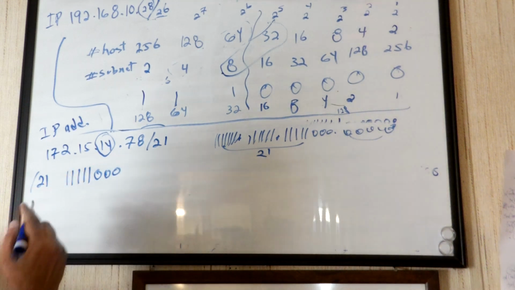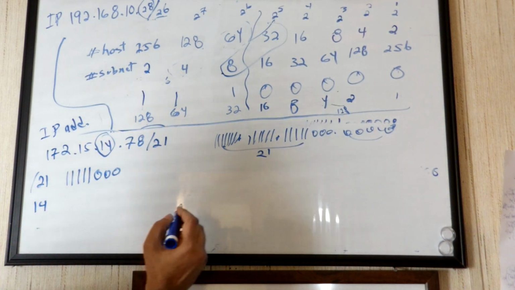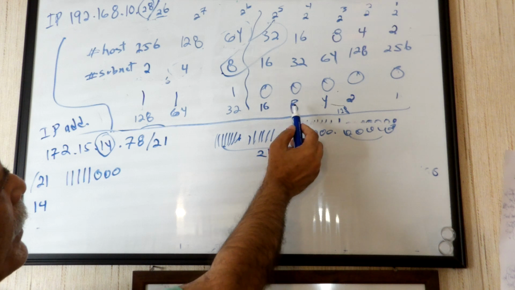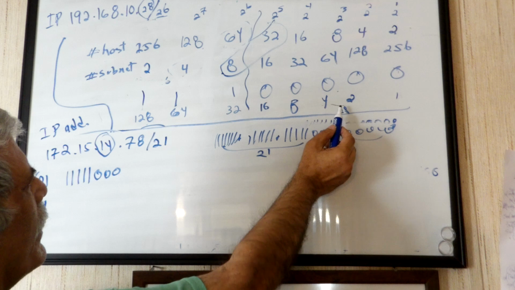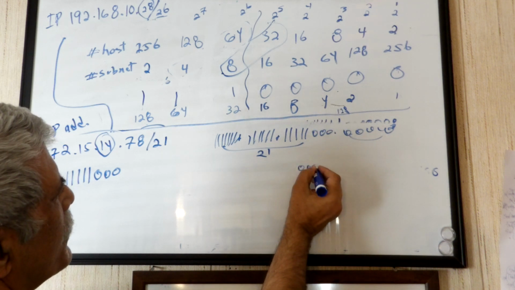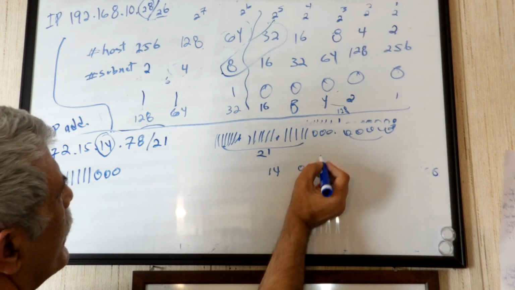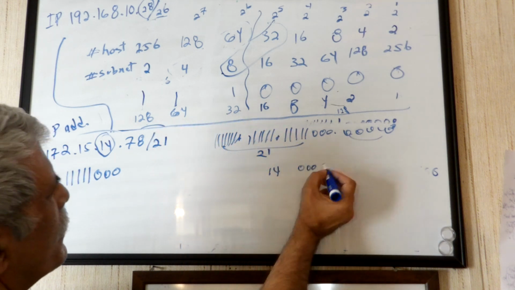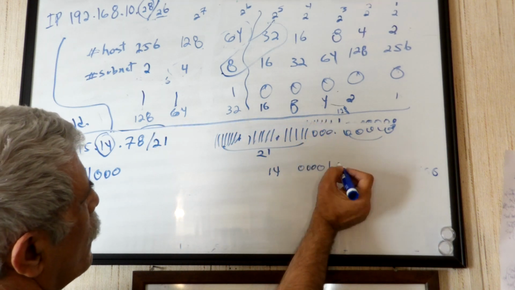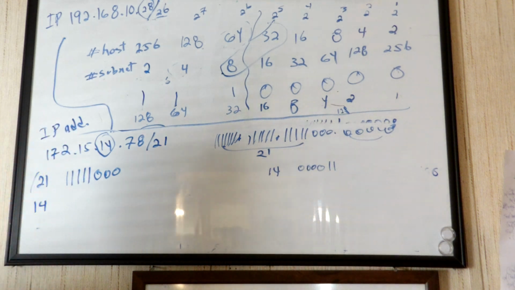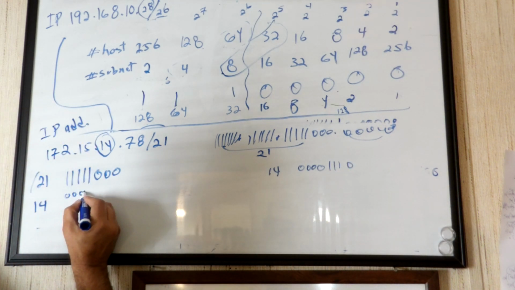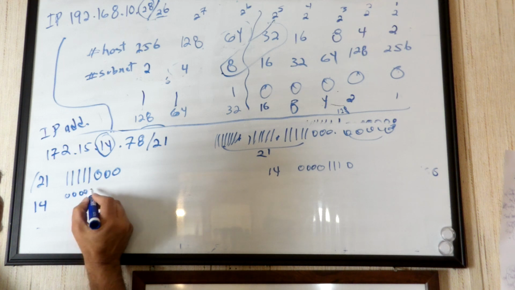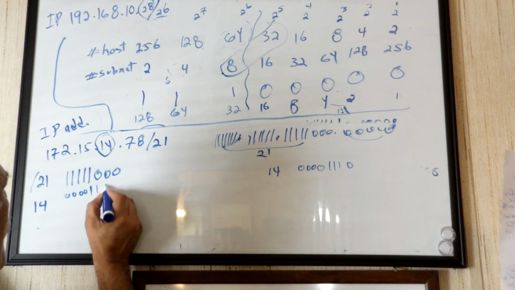And then 14. What is 14? Here we cannot use 16. 14 is 8 plus 4, 12, plus 2, 14. So it's going to be 0 0 0 0 1 1 1 0.